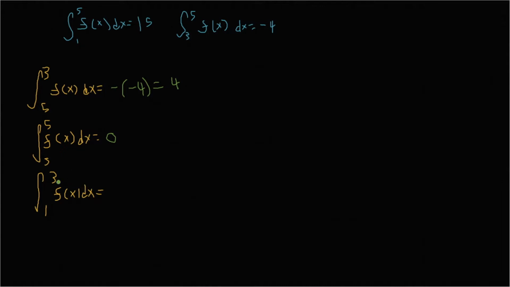And so from here, on this last one, we're going to use a different property of integrals. So we know that from 1 to 5 is 15. So if we wanted to imagine this with a function, from 1 to 5, this area is 15. I'll shade that in a different color. And we know that 3 to 5 is negative 4. That's probably not exactly a representative graph, but let's just do something like this.